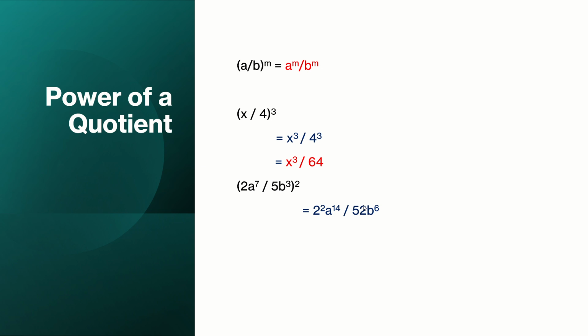Apologies for forgetting to turn this into exponents. Now what you're going to do is multiply within the exponent. Therefore, 2 times 2 is equal to 4, and a^14 remains the same. Then we can multiply 5 by 5, therefore 25. Then b^6 remains the same. Therefore, 4a^14 over 25b^6.